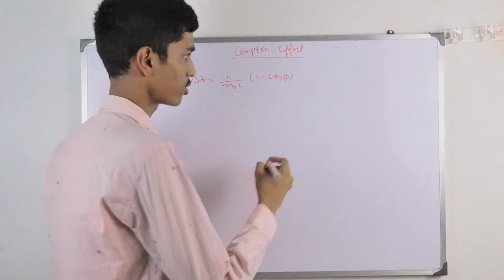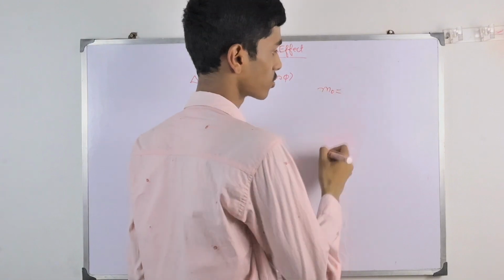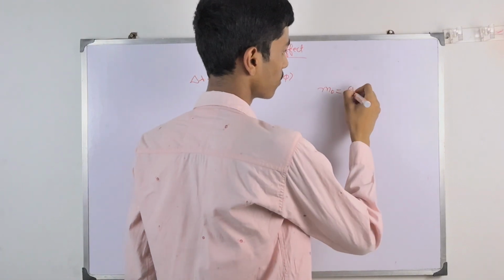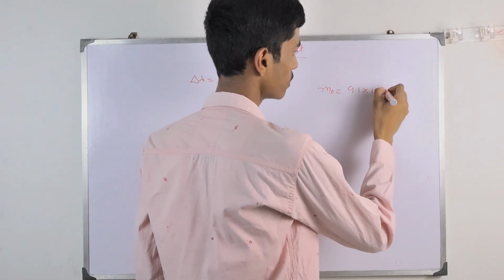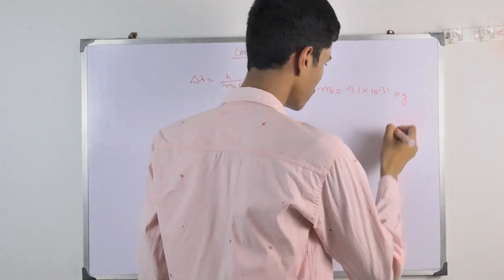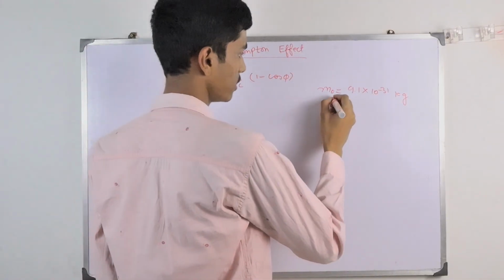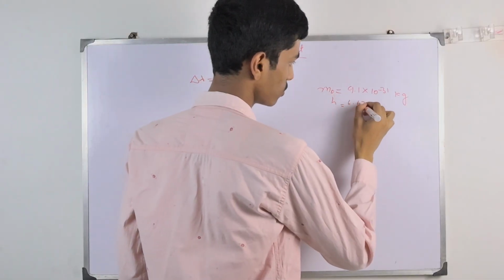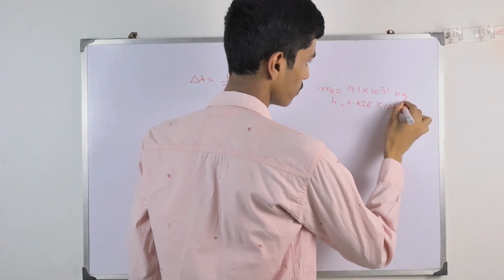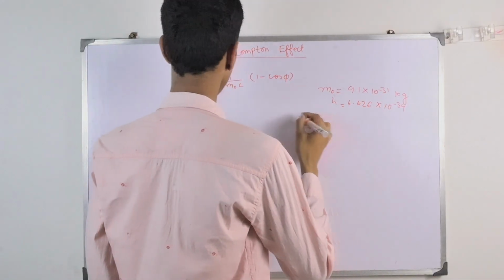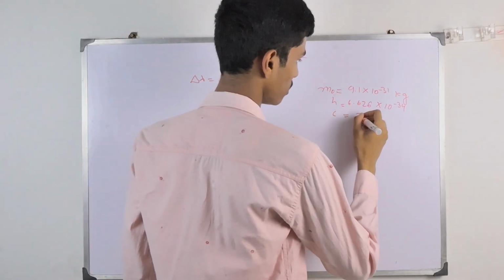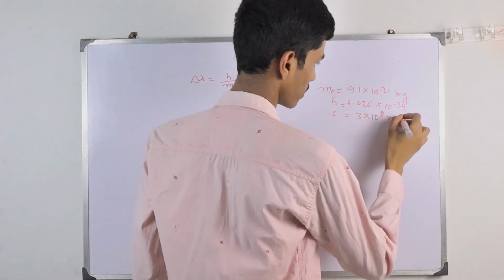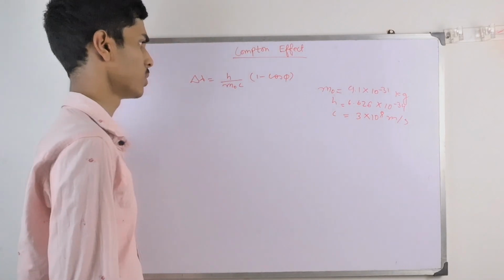It can be the mass of an electron, which is 9.1 into 10 to the power minus 31 kg. h holds the value 6.626 into 10 to the power minus 34, and c is 3 into 10 to the power 8 meters per second, the speed of light in vacuum.